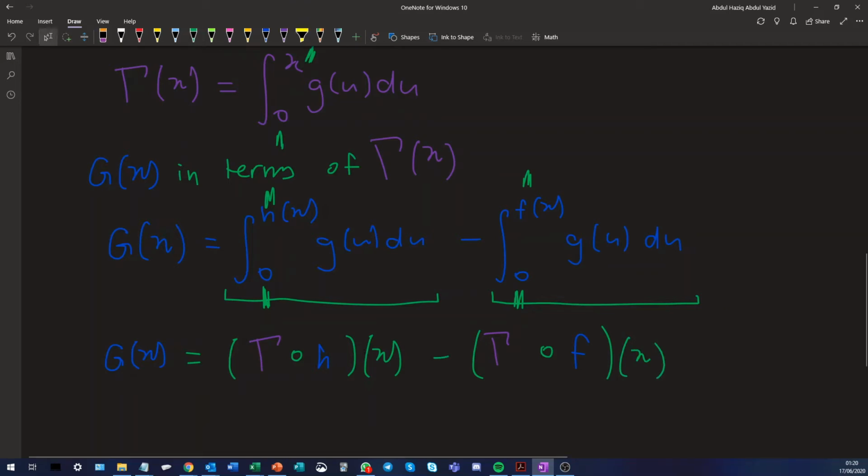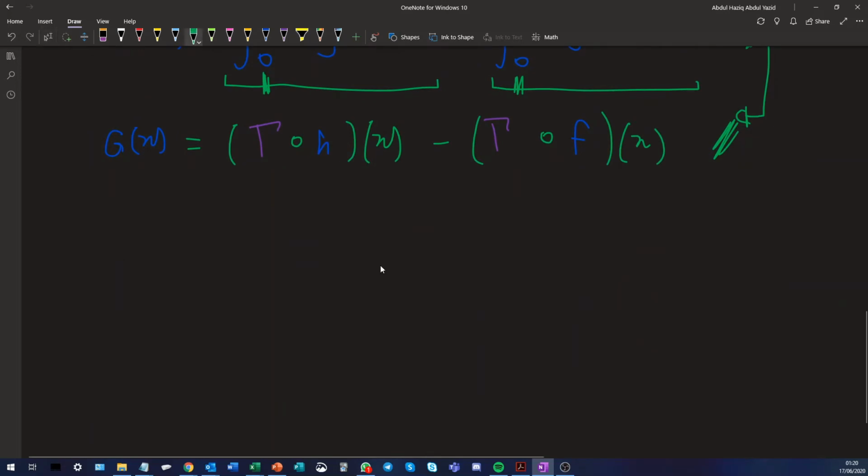These are compositions of x. So we have basically just rewritten G of x in this way, and now we can apply the chain rule.